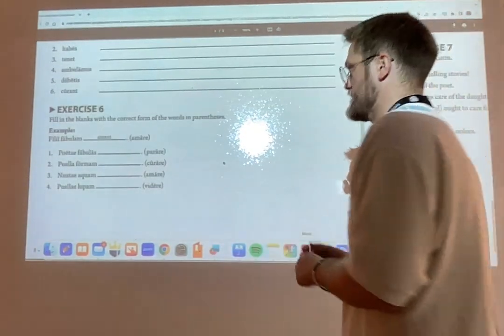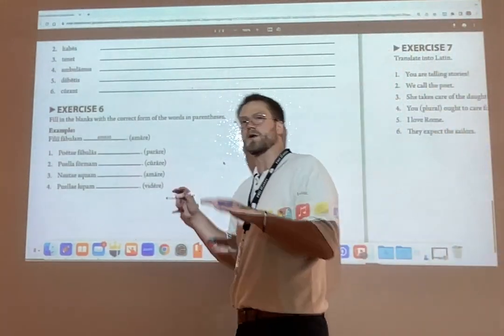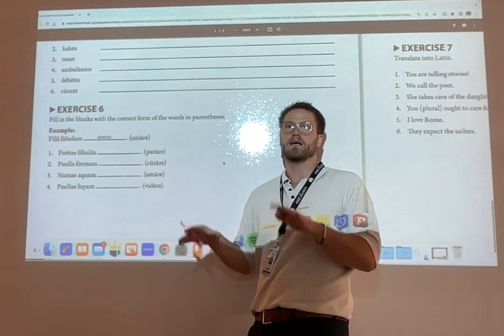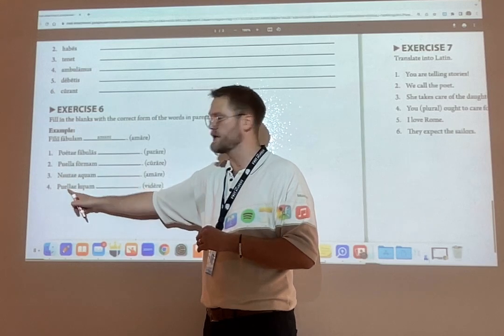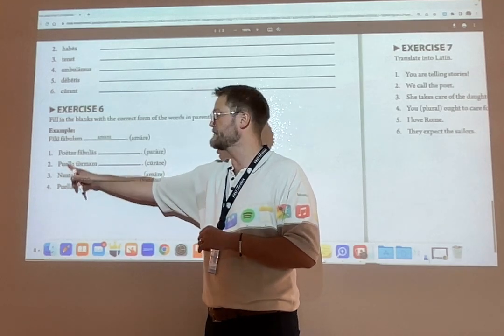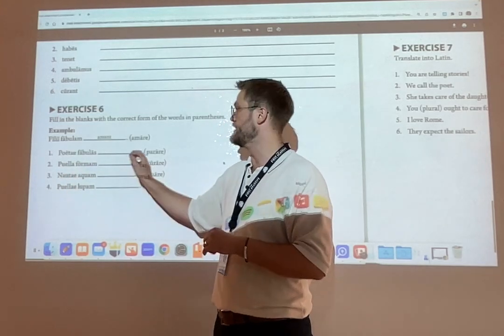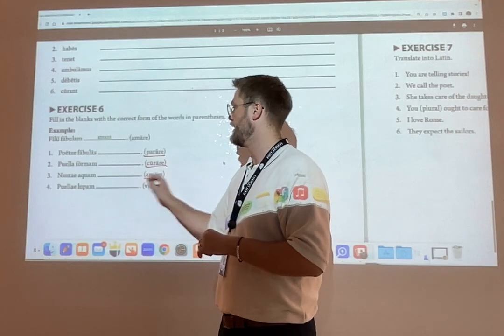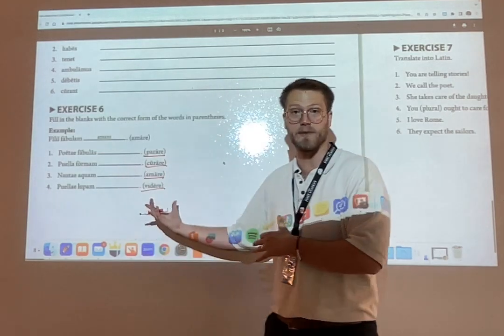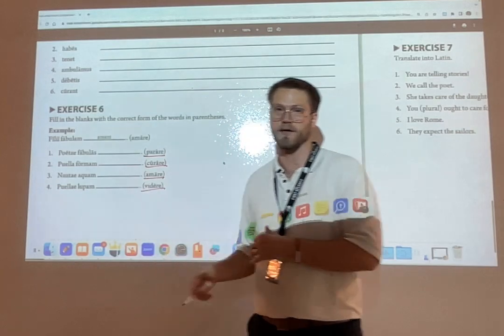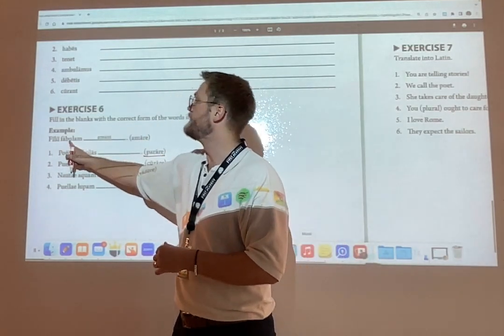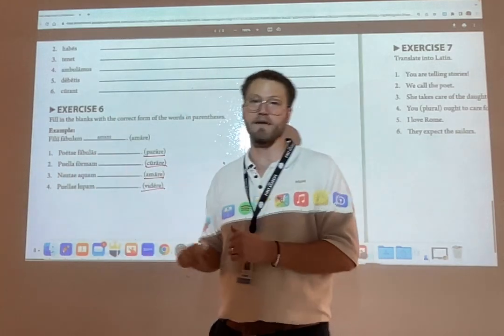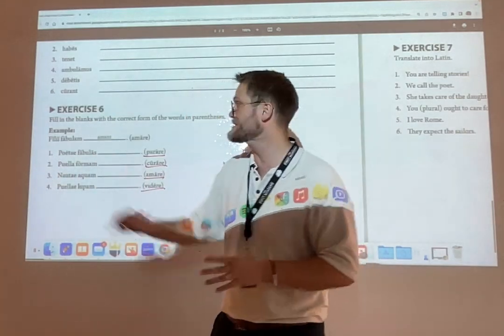Here's a little bit of a translation for you. This is working what I taught you guys at the end of class. This is making sure that you see the number of your subject noun. And because of the number of your subject noun, you need to put the correct ending onto this infinitive, meaning take the stem out of that infinitive and put the correct ending on it. The example they give you is filii fabulam, and it's so dumb that they gave you that as an example because you guys don't know this word.